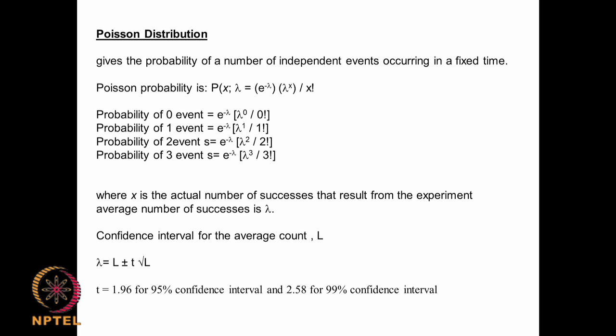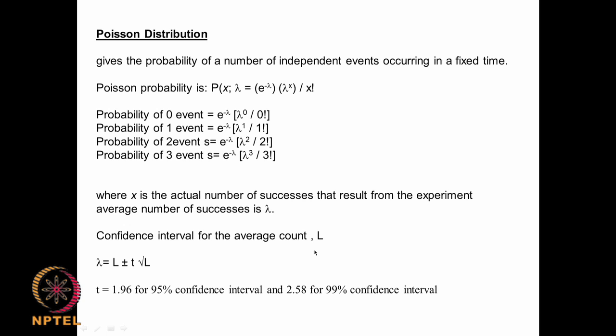When I take another sample, I may get another number. If I keep on doing it, I may get a large set of numbers, so obviously there will be a confidence interval. That is given by this particular term, t times square root of L, where L is the count, and t is 1.96 for 95% confidence and 2.58 for 99% confidence interval.